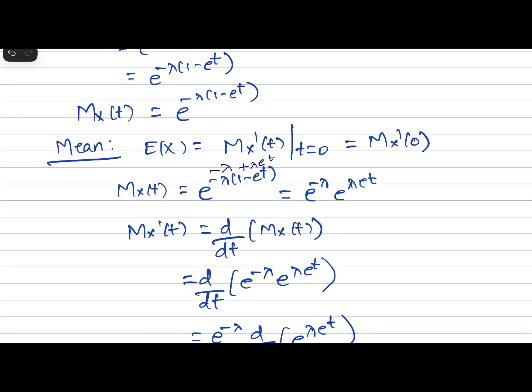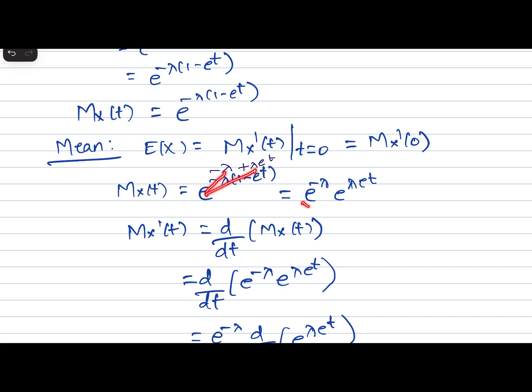Now from this, how will you obtain the mean? You know very well, when you differentiate the moment generating function one time with respect to t and put t equal to 0, that will give you the mean. So you just try to take this term. Again you can split it. This looks like e power minus lambda plus lambda e power t. Now you have two terms in this.